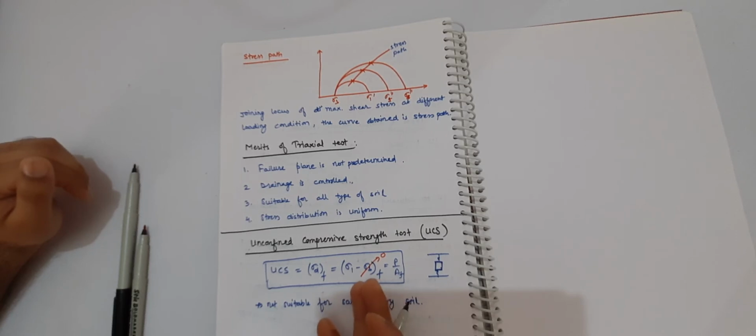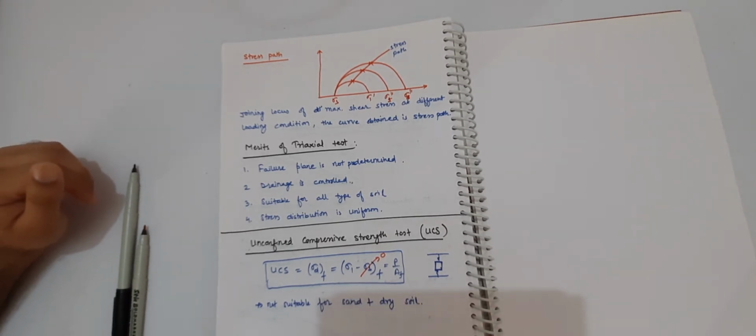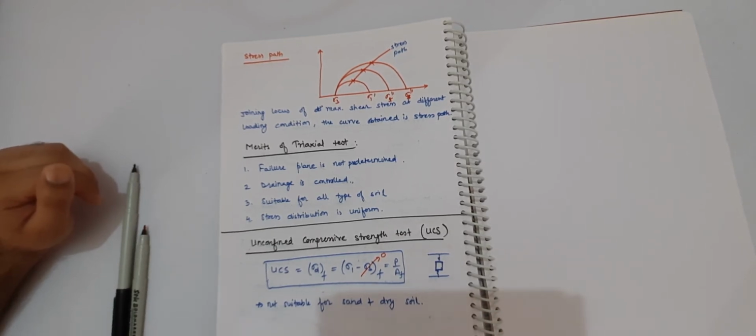If we put this value in the equation, one of the most important equations, sigma 1 equals sigma 3 tan squared(45 plus phi by 2) plus 2c tan(45 plus phi by 2), we get the values which are asked in the exam.